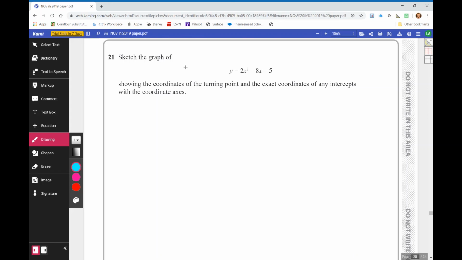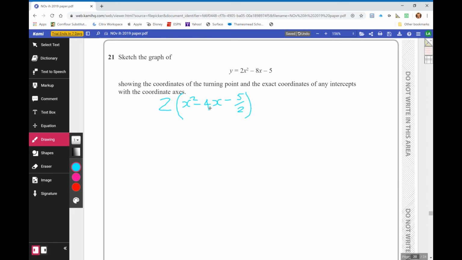And it is a difficult one too, because it's bigger than 1, it's 2x squared, so you need to take the 2 out first. If we do that, we're left with x squared minus 4x minus 5 over 2. Okay, and then what we do from here is we kind of have to keep the 2 in, but then we complete the square in the middle, just how you'd normally complete the square.